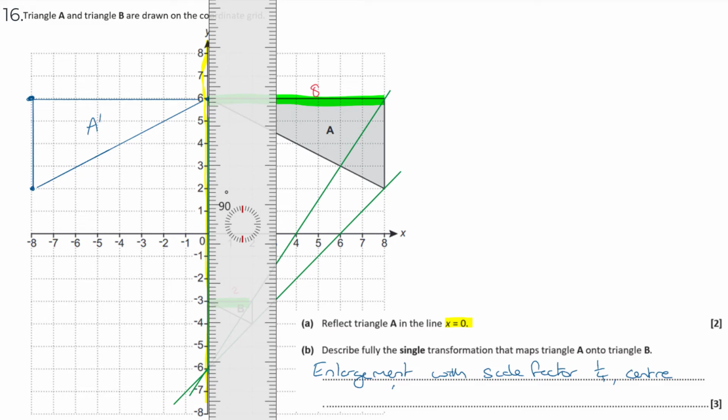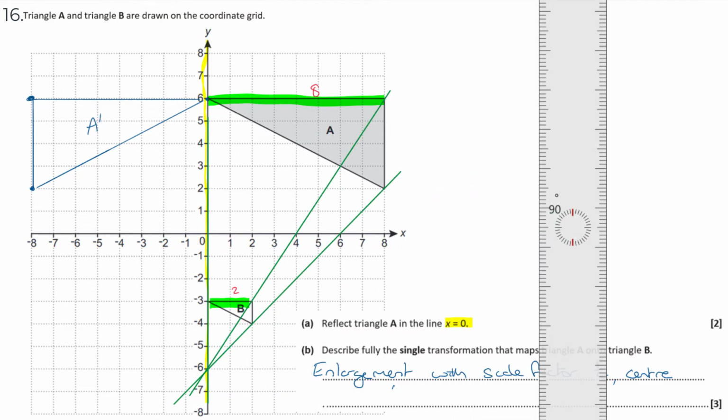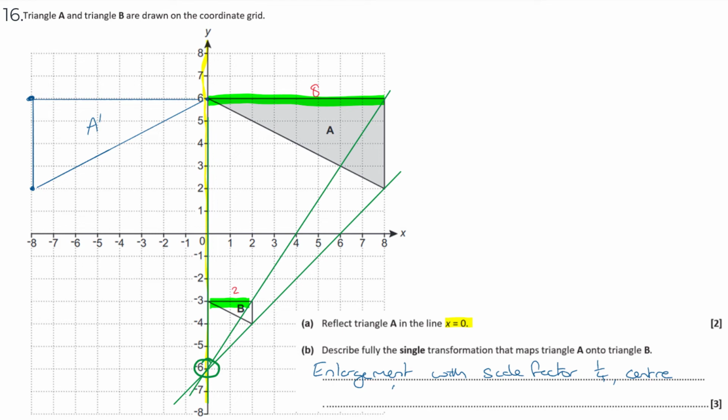Okay, so you could have a ray line going that way as well. And anyway, you can see all of these lines converge on this point here, don't they? Which is 0, -6. So that is going to be the centre of enlargement, isn't it? So that's going to be at 0, -6. Okay. So note this is a 3-mark question, isn't it? And you get 3 marks, 1 for enlargement, 1 for the scale factor, 1 for the centre. Okay. So make sure you get all those 3 bits written down.